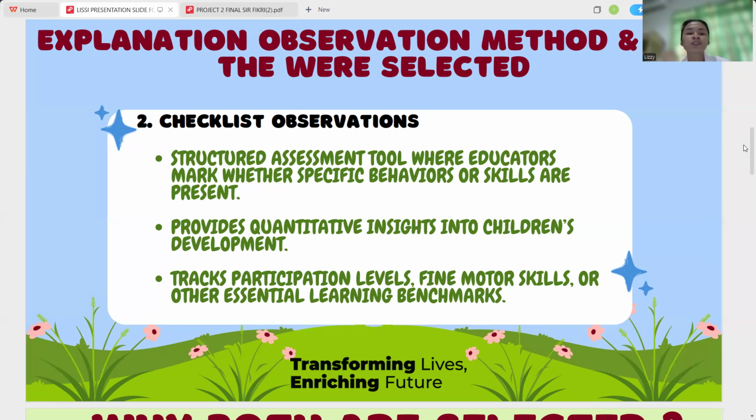I also chose this method because I can follow and track the participation levels, as mentioned above. I can also see whether, in the activities I observe, they can use their own fine motor skills, and how they learn or memorize the activities.